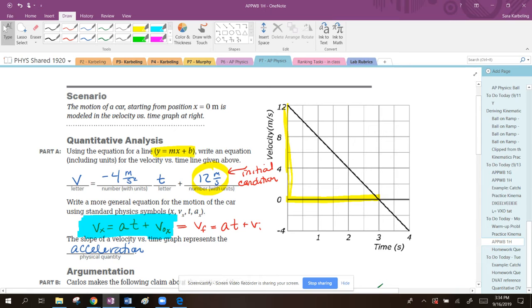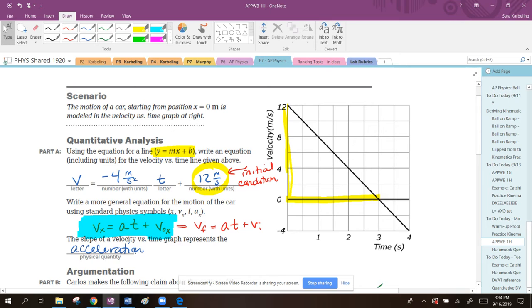And right at this moment, at 3 seconds, tell me about your speed. It's increasing in the opposite direction. At that moment, what's happening? You stopped. Just for a moment, right? You stopped just for a moment. And then you're speeding up, right?